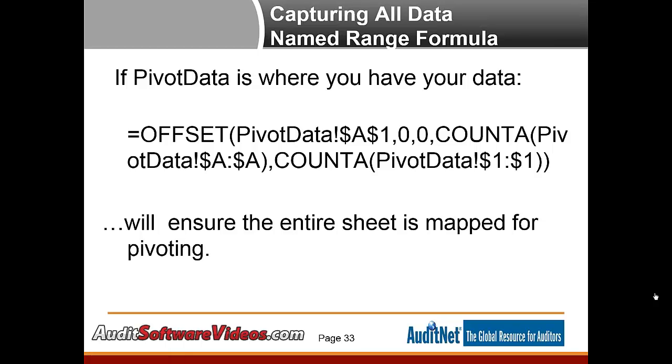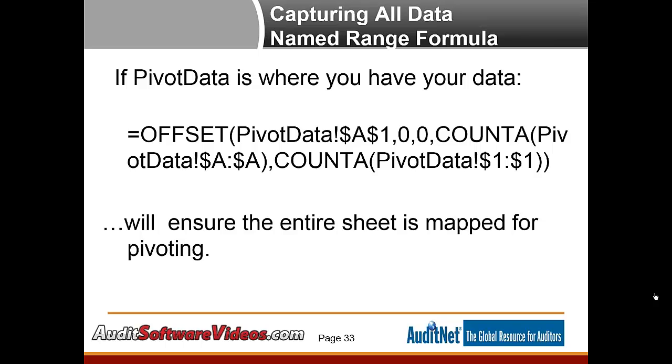So if you have, let's say, the payables data, we would have payables data replacing that pivot data section there. And then you have A1, comma 0, comma 0, COUNTA, et cetera. But the only place that you're changing really in this formula is the payables data section. And I say don't study it, copy it in this case.